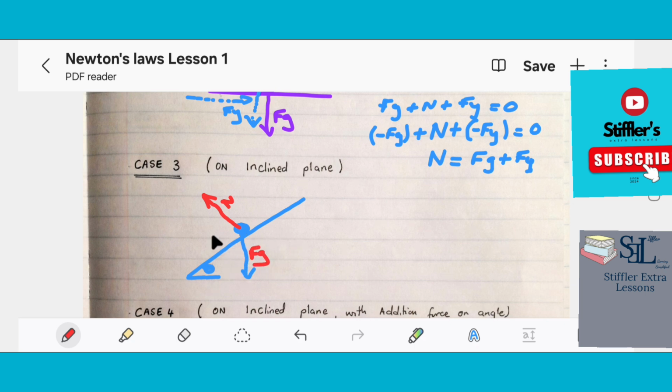According to this situation on an inclined plane, Fg has two components. It has the Fg perpendicular, or some refer to it as the Fg at y, and it also has the Fg at x there, or the Fg parallel.